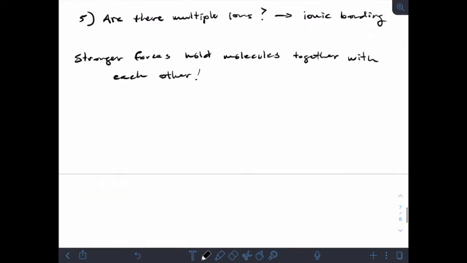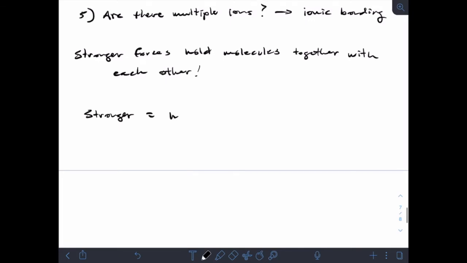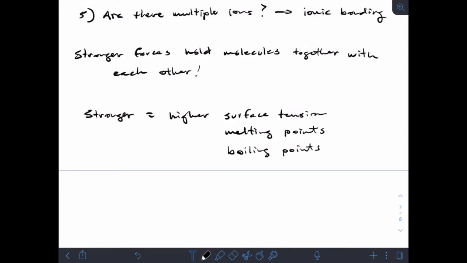So the stronger the forces equals higher surface tension, higher melting points, higher boiling points, higher osmotic pressure.